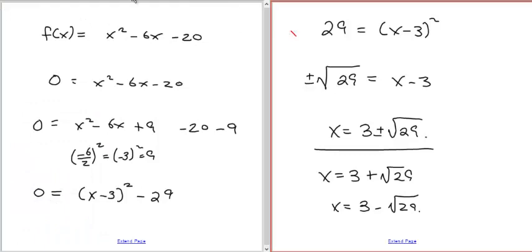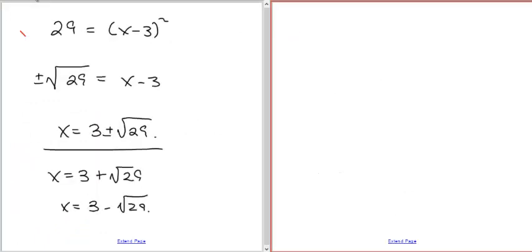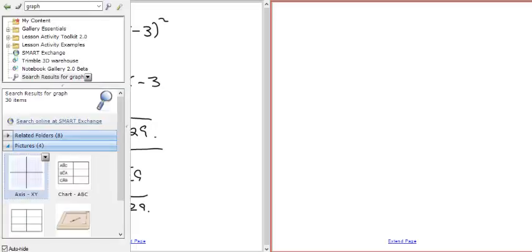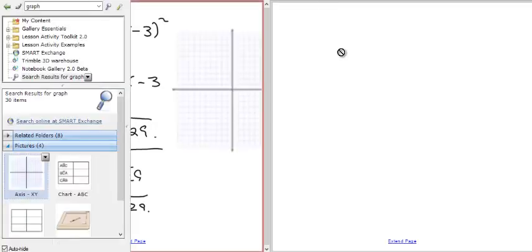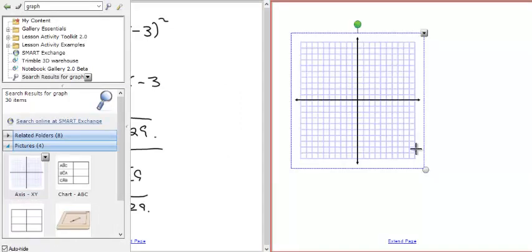So let me add a page. When you're asked to plot something, if you look at the next problem, it says calculate the x and y intercepts, the vertex, the equation for the axis of symmetry. So let's do that for this particular function that we just found the zeros for.